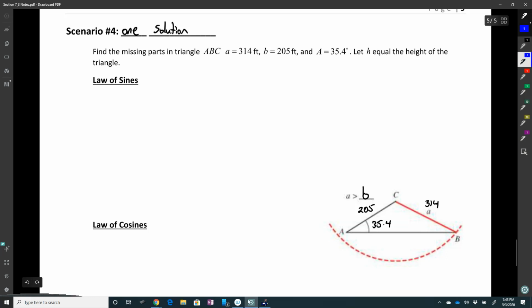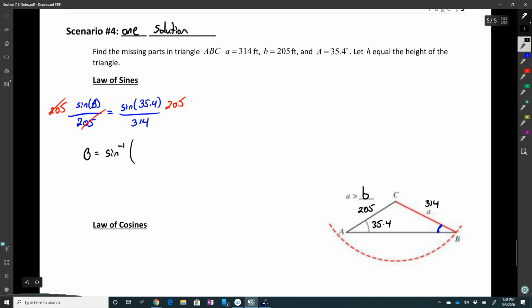So the law of sines, again, just like all the others, sine of B over 205 is equal to sine of A over 314. So sine of 35.4 over 314. So B is going to be the inverse sine of that.